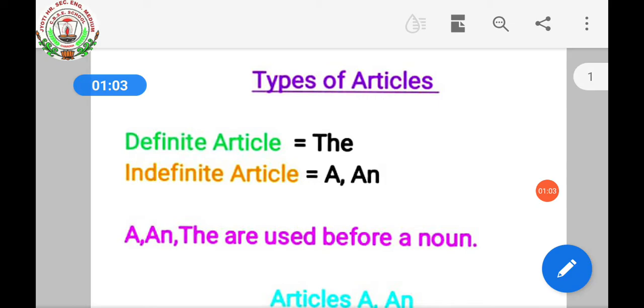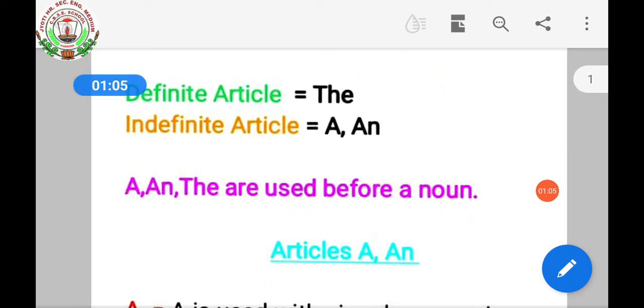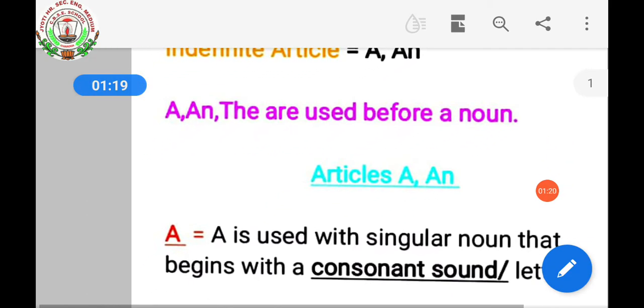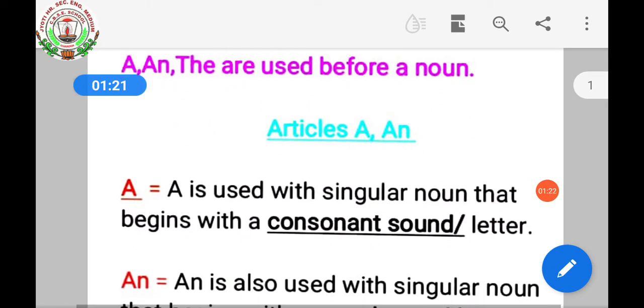A and the are used before a noun. Today we will learn about articles a and an only, and the definite article the I will explain in the next video.